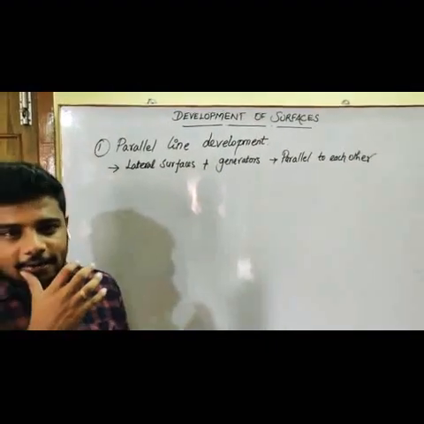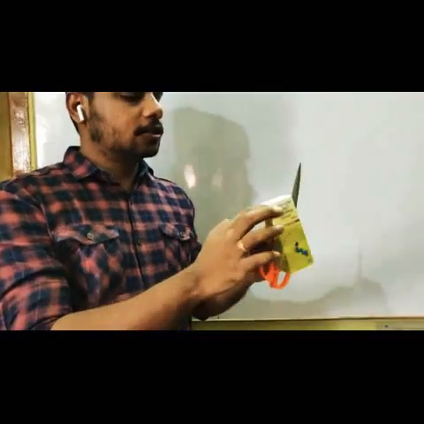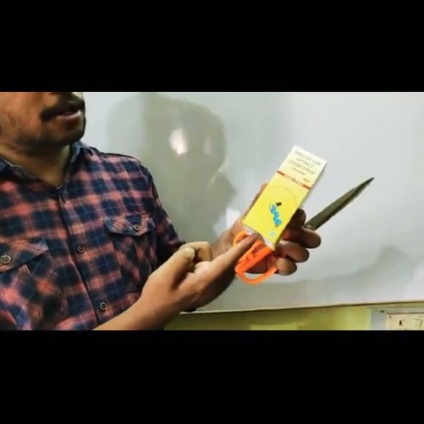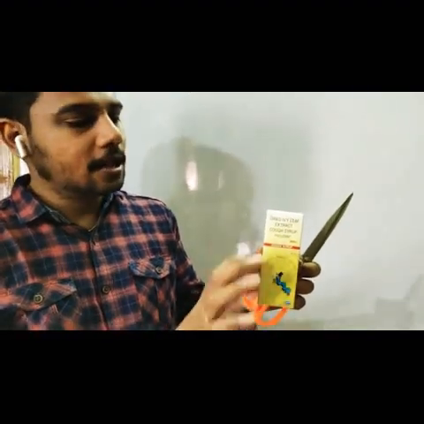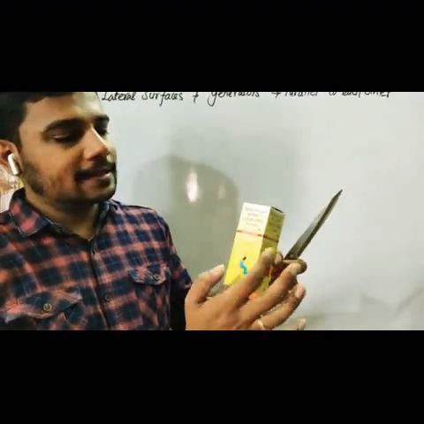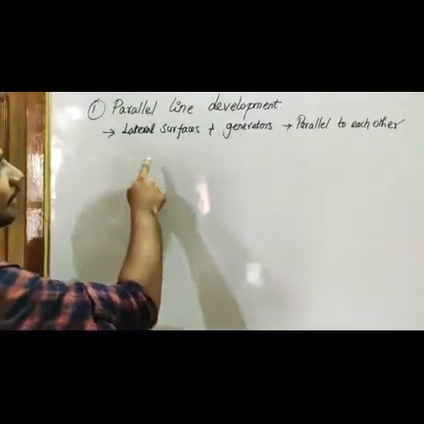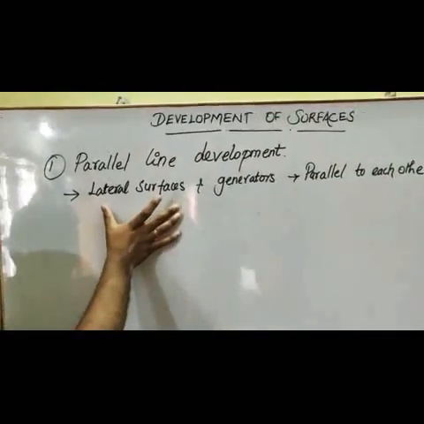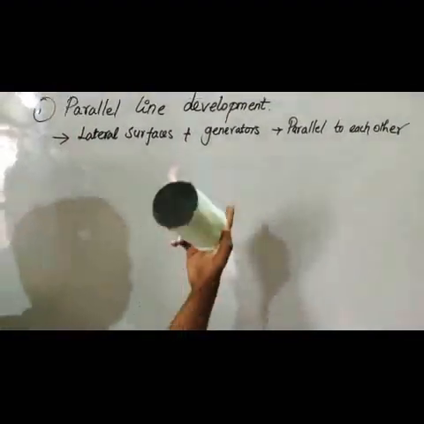Parallel line development means when you take any object like this. This is your square prism. The top and bottom surfaces are squares, identical to each other. So that is a prism. These surfaces are called lateral surfaces. In case of a cylinder they are called generators.